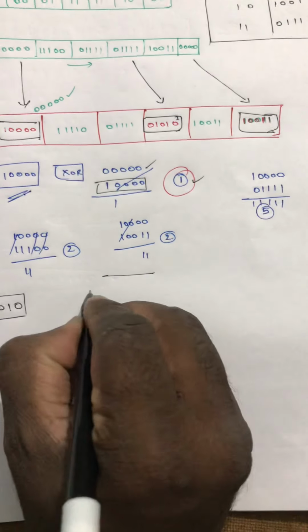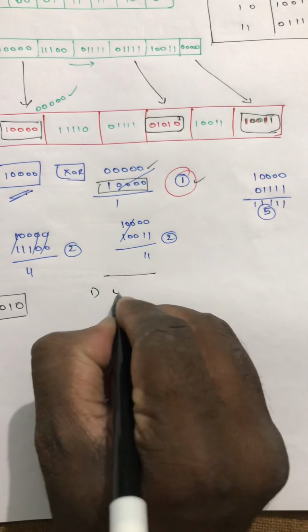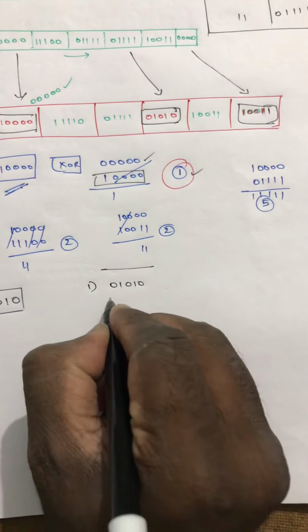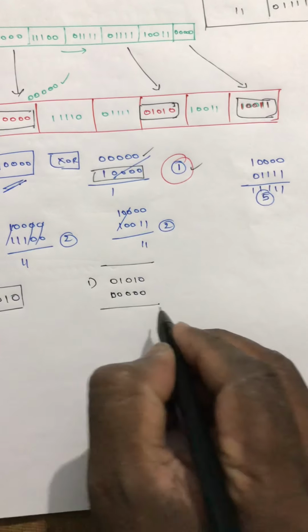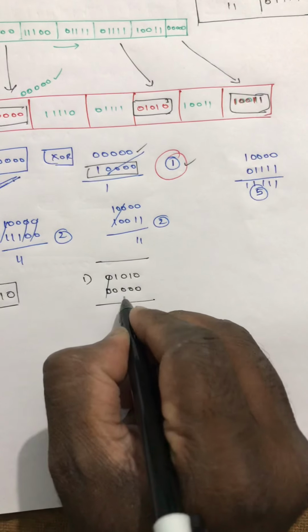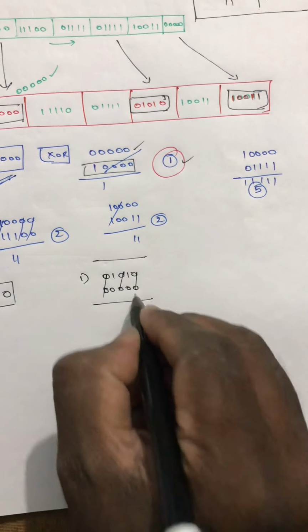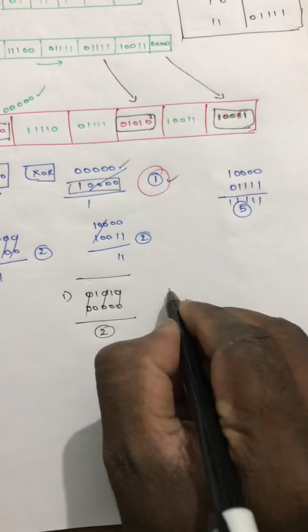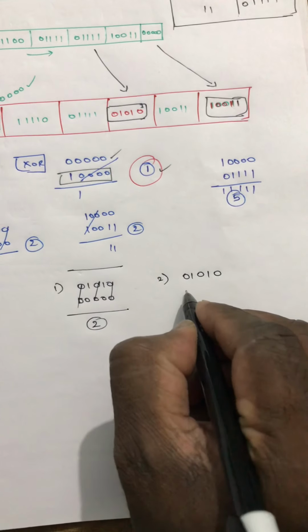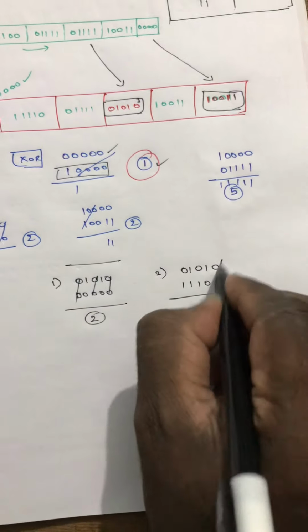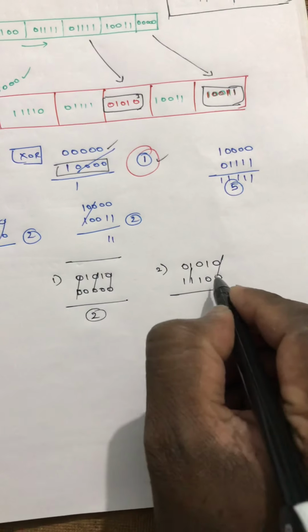I'm performing for the first one, that is 0 1 0 1 0 with all zeros. So you will get 2 ones. Going to the second one, I'm going to do 0 1 0 1 0 with 11100. This is gone, this is gone.